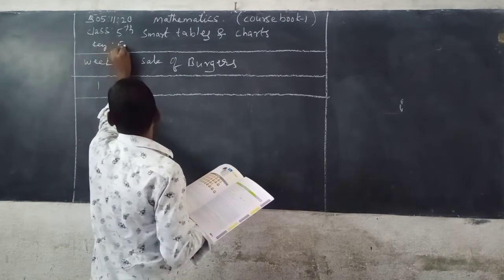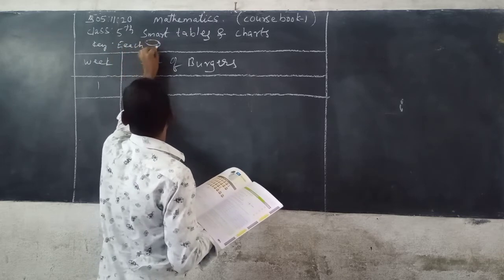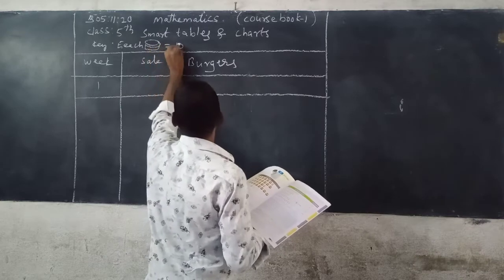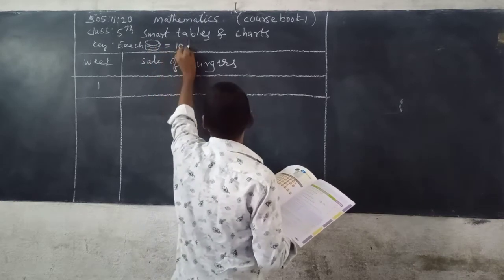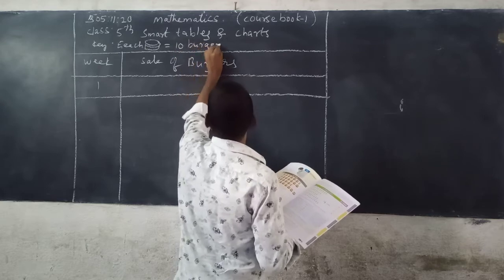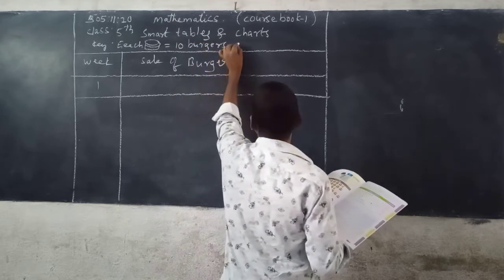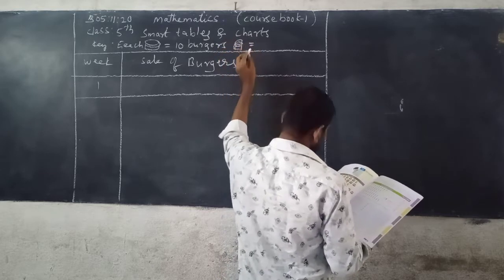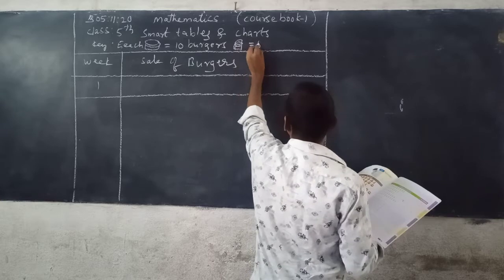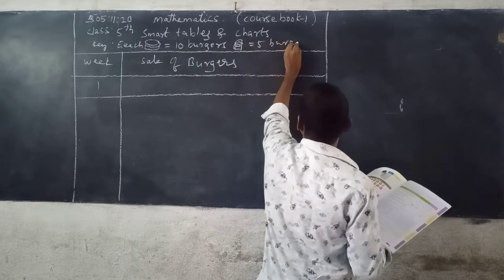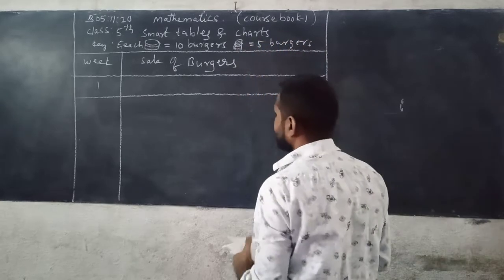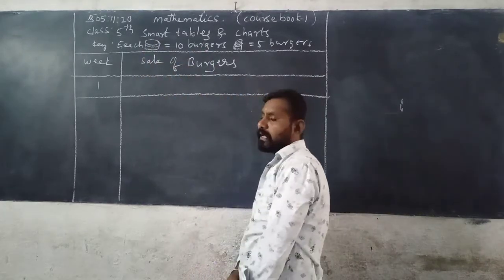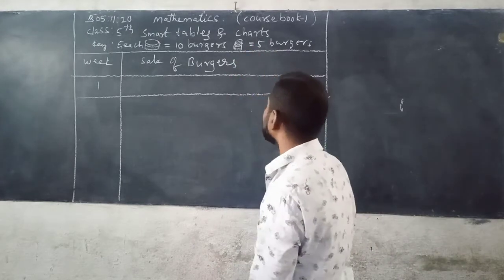Each burger represents 10 burgers, and half a burger represents 5 burgers. So this is the scale. Each burger represents 10 burgers and half a burger represents 5 burgers.